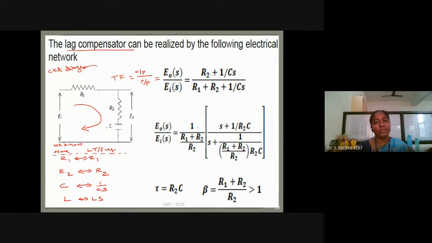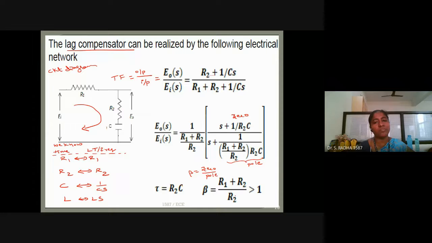If you take something as common, we can show S plus zero in the numerator and S plus pole in the denominator. Beta is nothing but zero by pole, and we get the formula below, with a value greater than 1. The numerator has R1 plus R2, the denominator has R2.